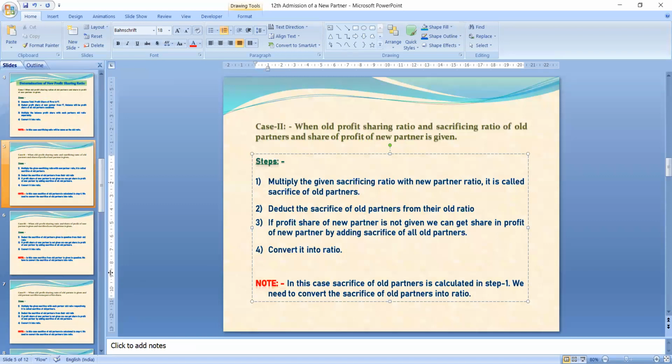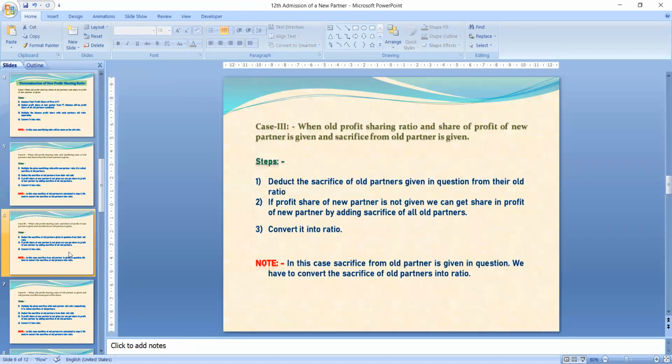No, sir. In case 3, the sacrifice is given in the question, so you can read the note. In this case, the sacrifice from the old partner is given in the question. We have to convert the sacrifice of the old partner into a ratio.